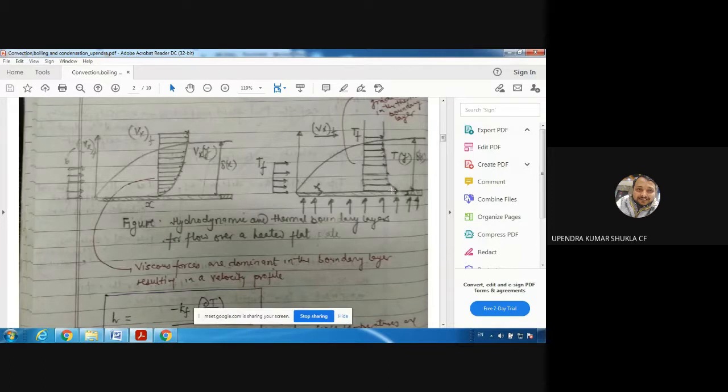So you can have larger vectors at the bottom, then smaller vectors, and then even shorter length vectors on the top, approaching asymptotically the temperature Tf. Okay, that is the fluid temperature.